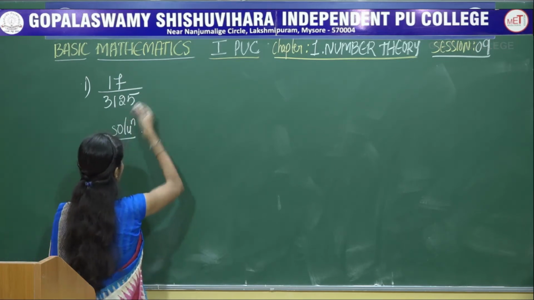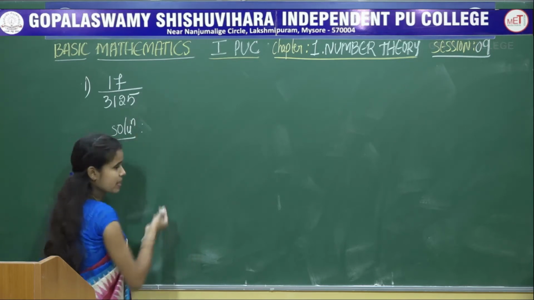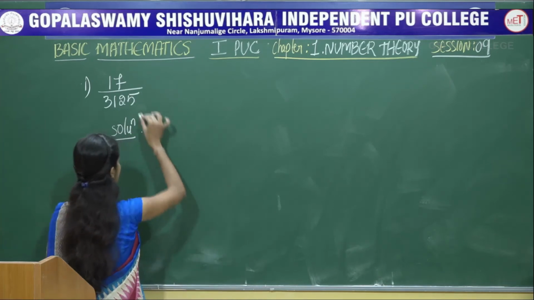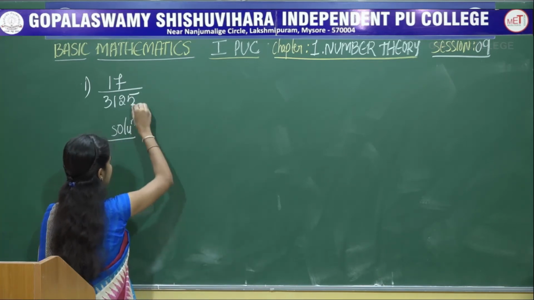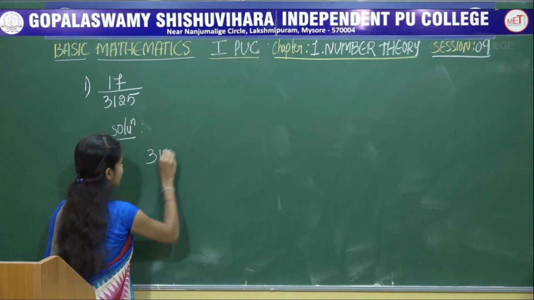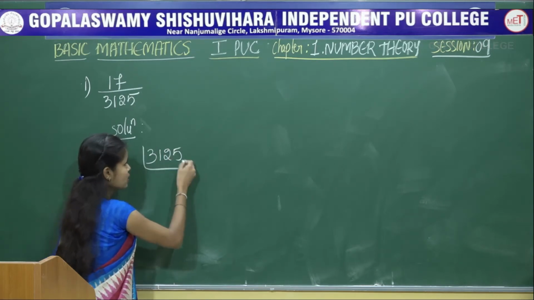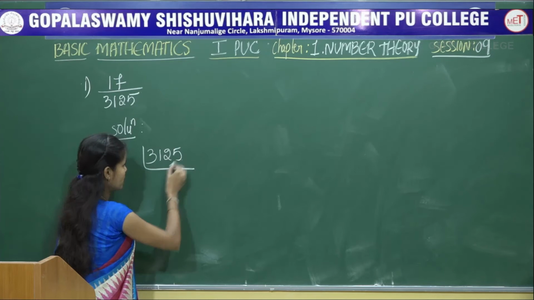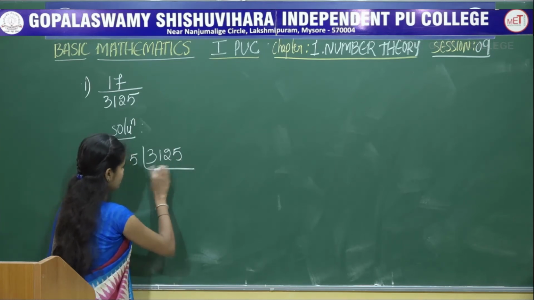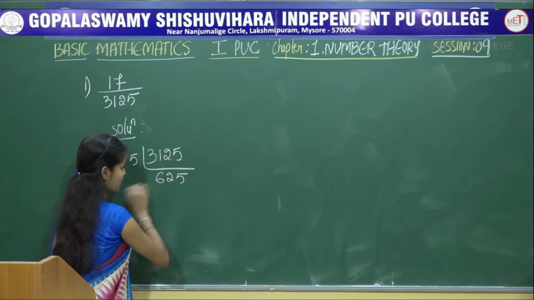To check whether this rational number has a terminating or non-terminating decimal expansion, first represent the denominator in canonical form. Consider the denominator 3125. In the unit place we have 5, so this whole number is divisible by 5. 5 sixes are 30, 5 twos are 10, so 625.